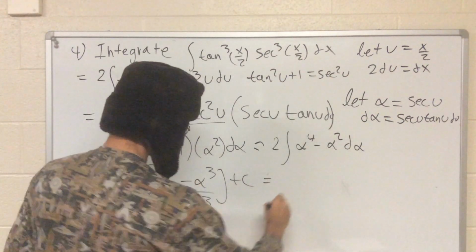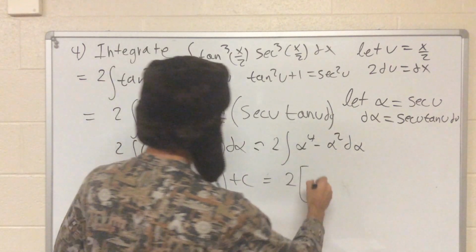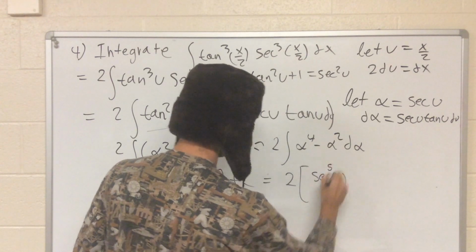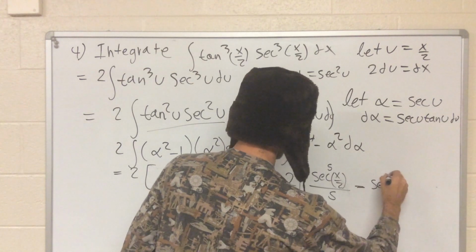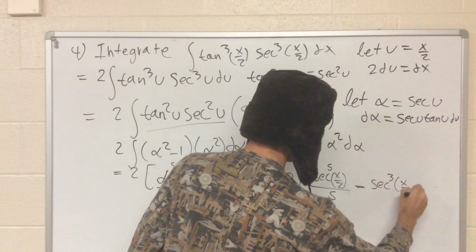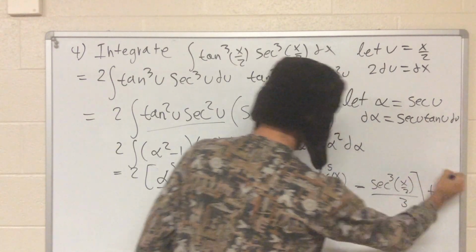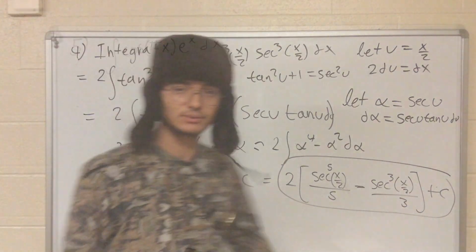So that's equal to 2 times the bracket of secant of x over 2 to the 5th power divided by 5 minus secant to the power of 3 of x over 2 divided by 3. Don't forget plus c. So that will be the result for this integral.